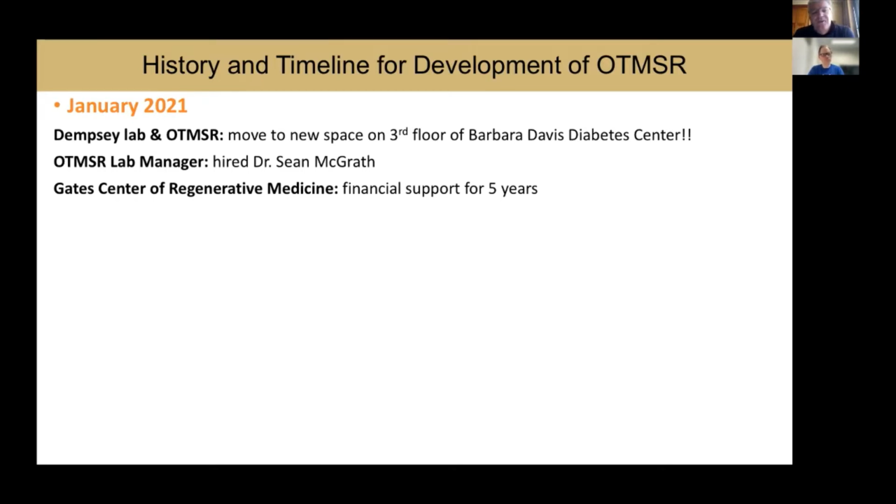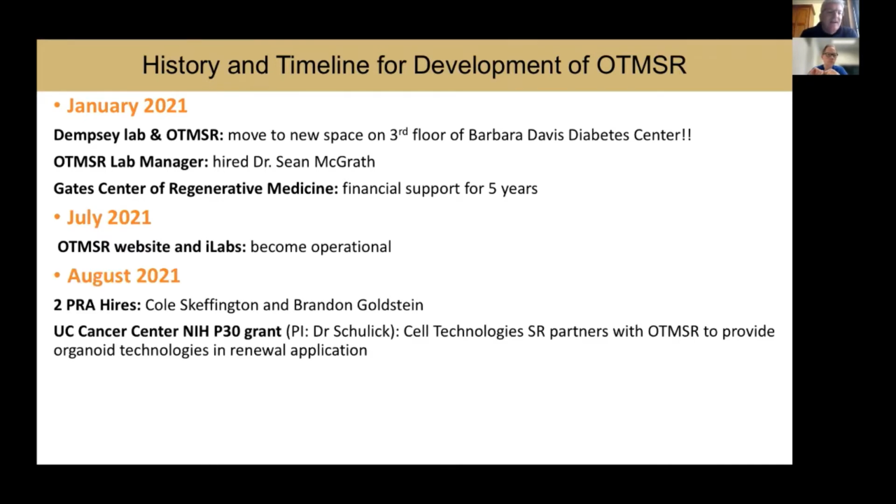That's when we hired Sean, and we also got funding from the Gates Center for another 5 years for financial support. We actually started our website in July 21 and iLabs in 21. And then in August 21, we hired Cole and Brandon.